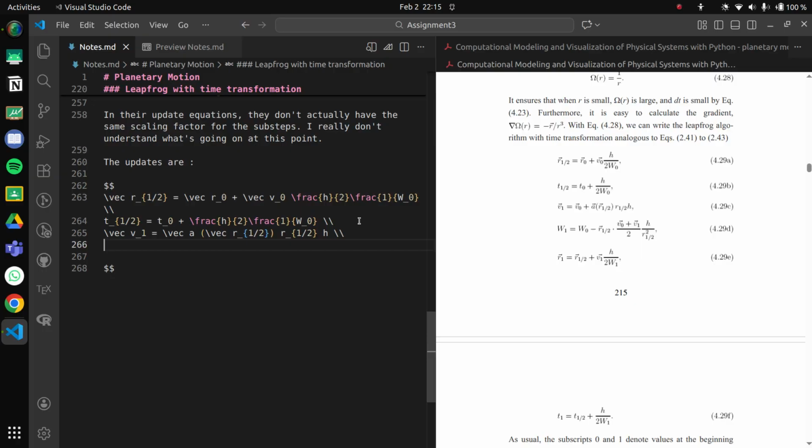Just compute it directly. Why would we be doing this? How is this different from just changing the size of the step? Wouldn't that pretty much be the same thing?